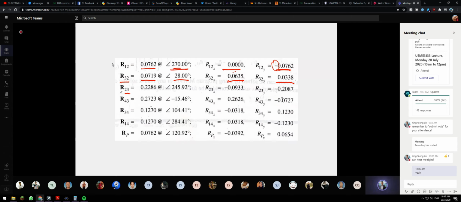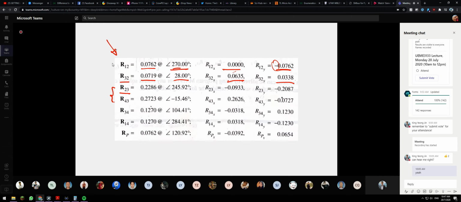Then R23, okay, so it's still the same. Do you guys want me to show you how to find it? If not, I will just go through. Anyone? Okay, maybe you try out how to find this.